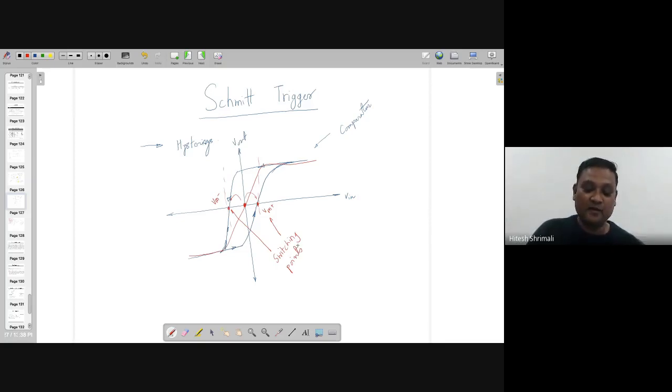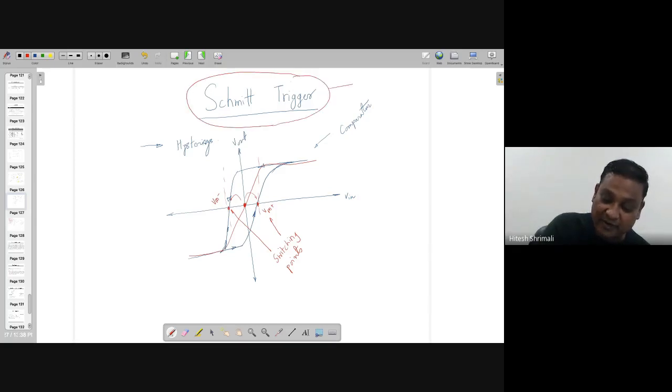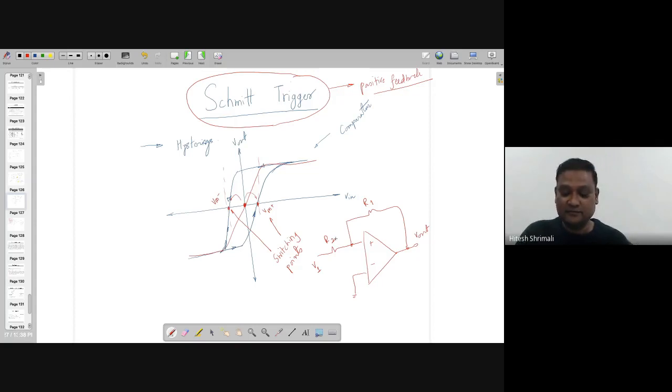Note that whenever you have made a Schmitt trigger till now, you made the positive feedback, right? If you remember with the op-amp, this circuit is a positive feedback. Notably, the output is not minus R1 by R2.